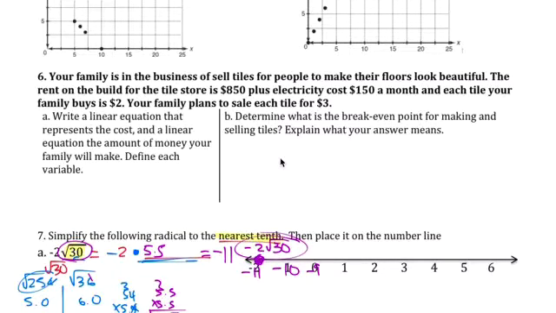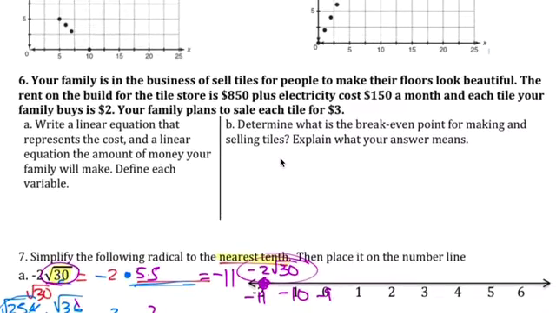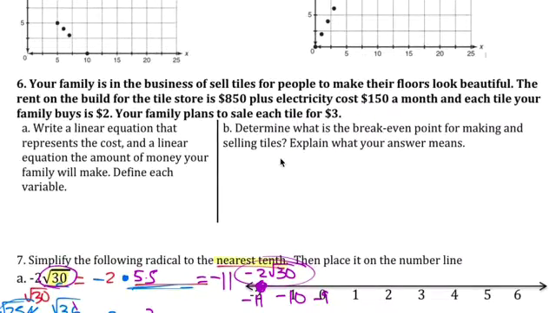Okay, your family business is in the business of selling tiles for people to make their floors look beautiful. The rent for the building for the tile is $850 plus electricity costs $100 a month.